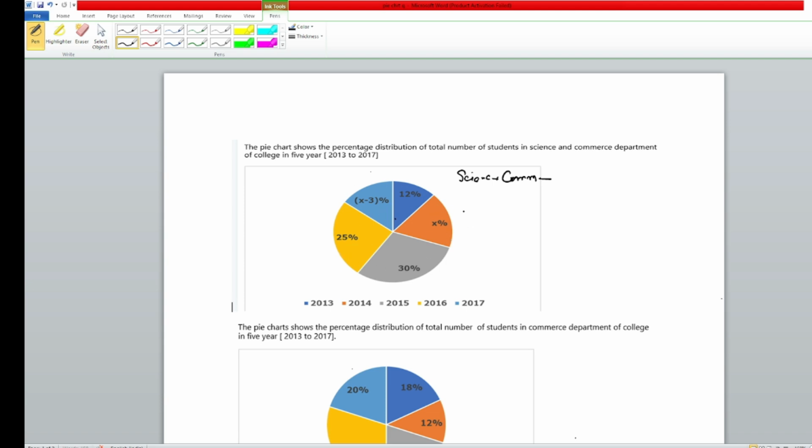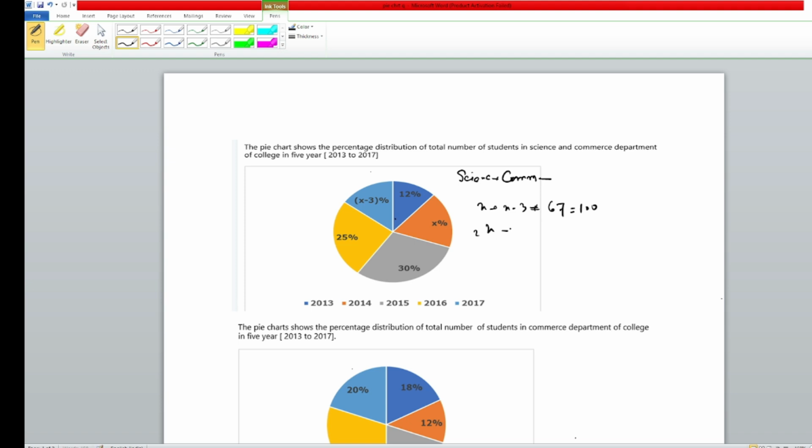Adding these percentages, x percent, 12%, x minus 3%, 25% and 30%, we get 100. This is the basics of pie charts. So here we can find out the value of x. x plus x minus 3 plus 25, 30, 55, plus 12, that is 67.